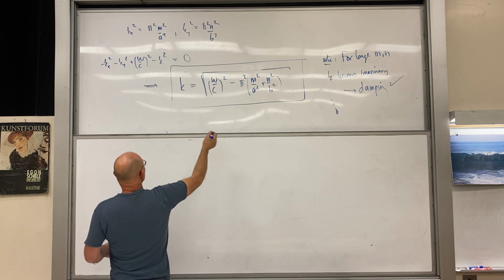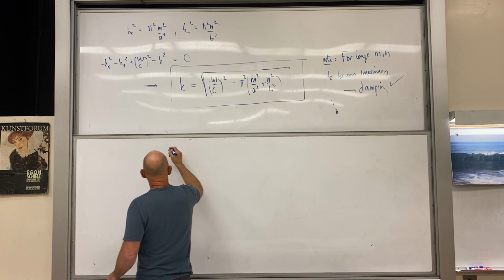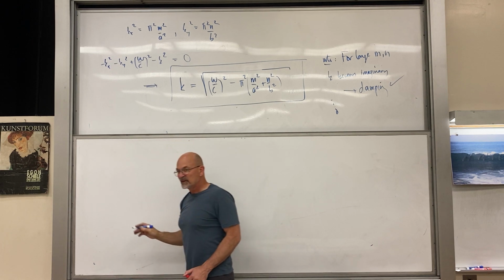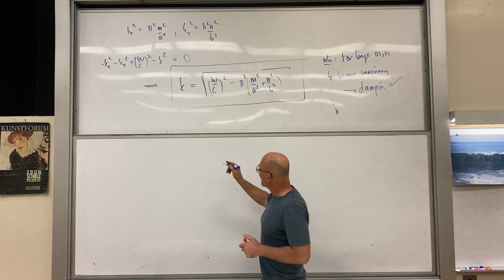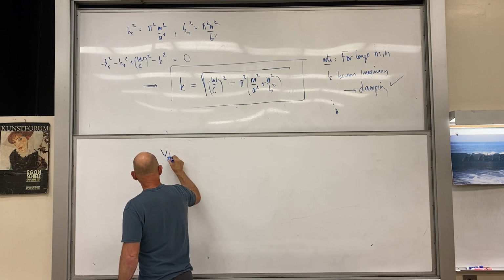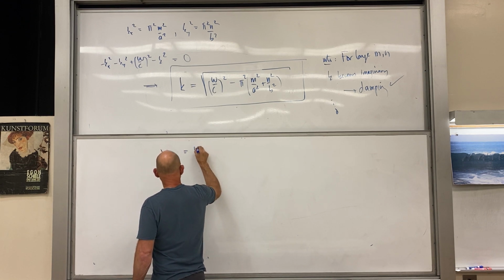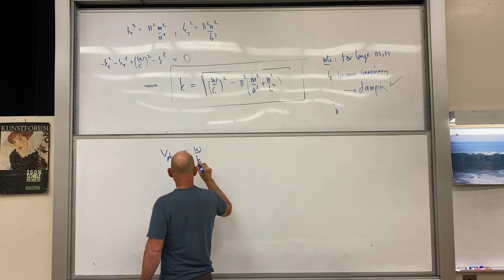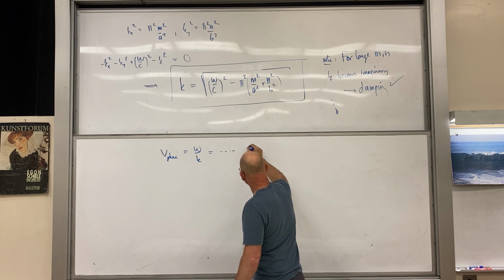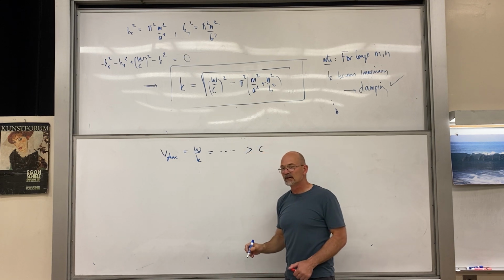And that's an interesting exercise, okay? So let me just write this down and I'll let you guys leave room in your notes and do that. You have v phase is just omega over k, and you find an interesting result, it's greater than c, okay?